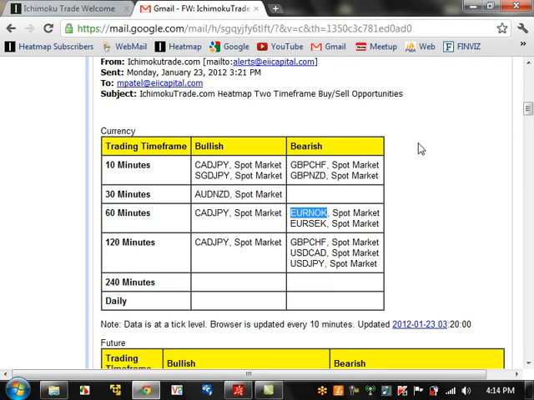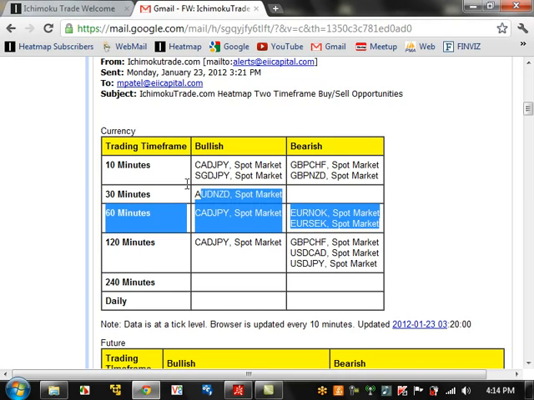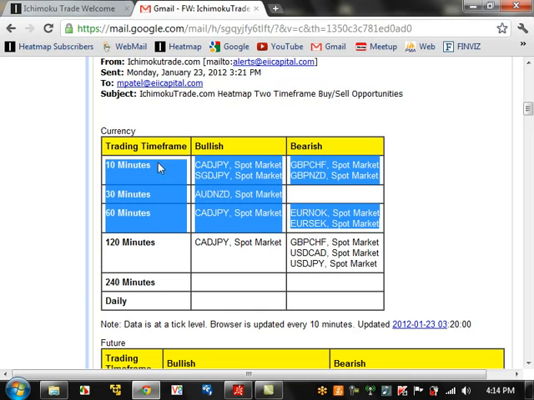Now, the way I like to do it is to take these 2 time frame opportunities and get even pickier by finding 3 or 4 time frame opportunities. What I do is I sectionize this first half and say this is my day trading time frame. And then I look at the bottom here and say this is my long-term time frame. Okay?